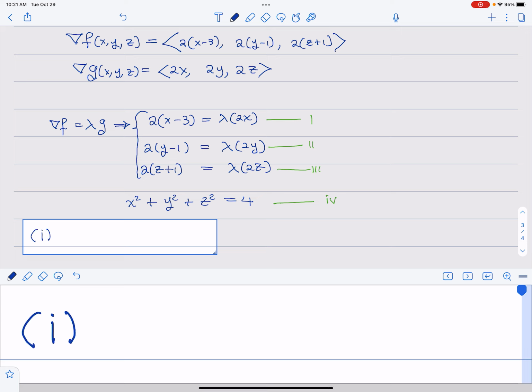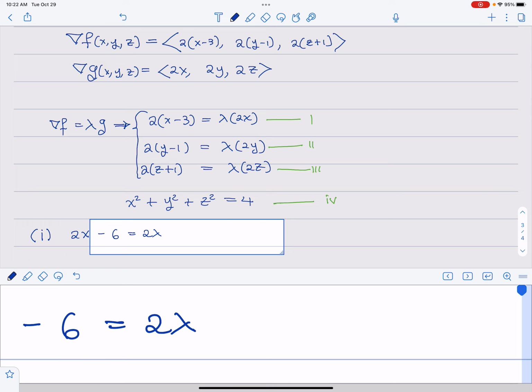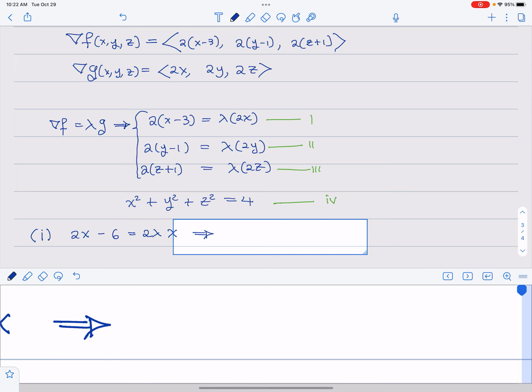From equation 1, we can see that 2x minus 6 is equal to 2 lambda x. If you solve for x, you see that x is equal to 3 over 1 minus lambda.